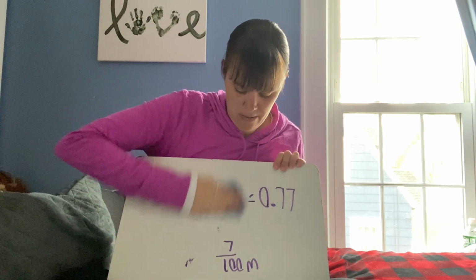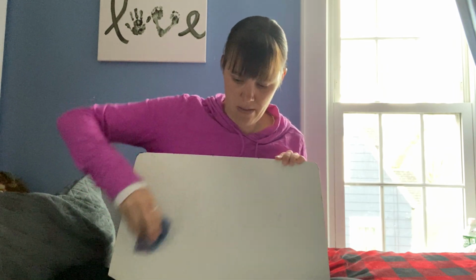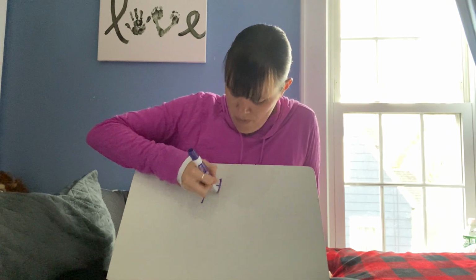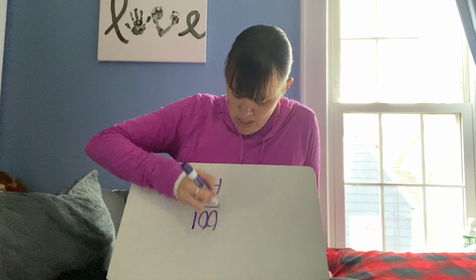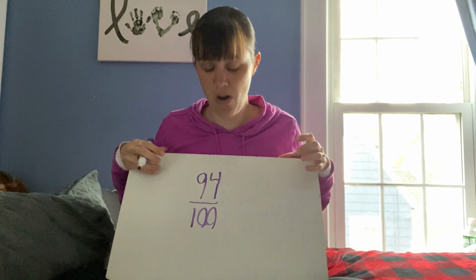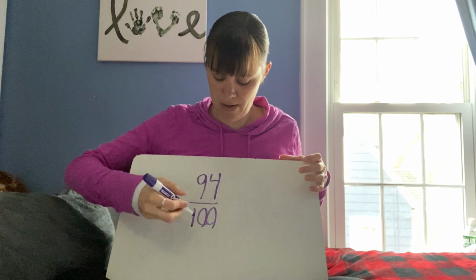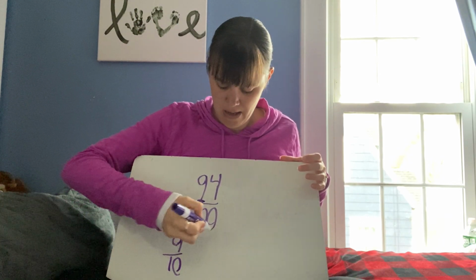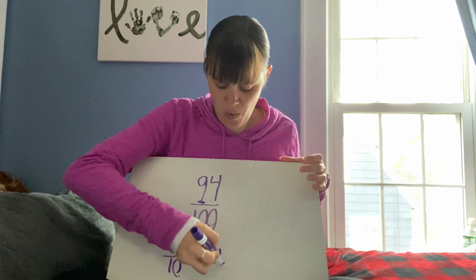Last one. It's gotten a little better, right? Each day it'll get a little better. We have 94 hundredths. So right now we are picturing that tape diagram, and we are picturing 10 of them, right? How many are already shaded in for us? 9 tenths. And then that leaves our 4 hundredths.